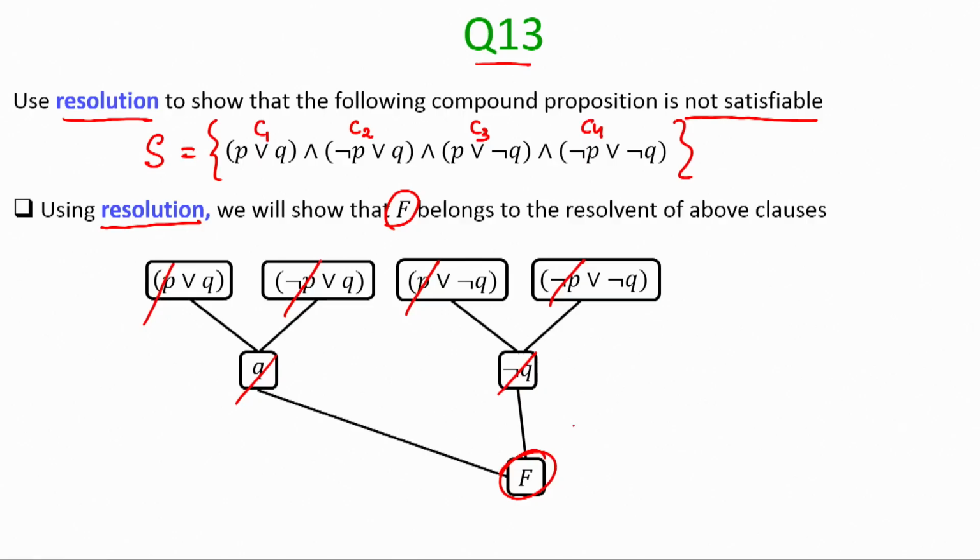Okay. So, that is how you can actually prove whether a compound proposition is satisfiable or not. You have to bring everything in the clause form and then build a resolvent resolution tree and then arrive at the constant f.